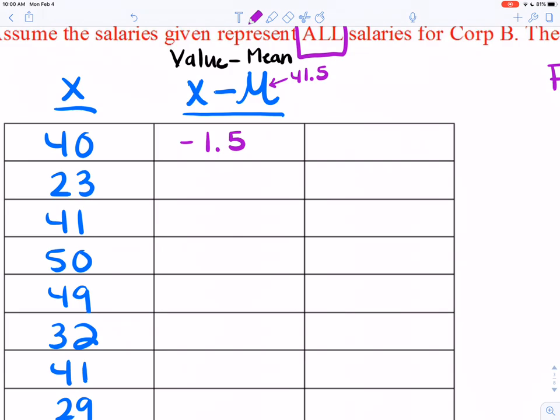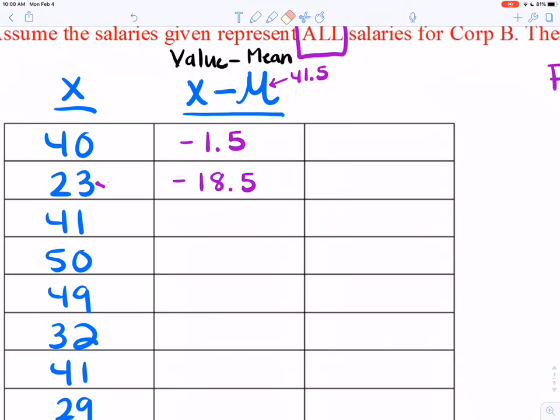Now, I would do the same thing with every data value. All right, so my next one, I'm going to take this value of 23. I'm going to subtract that same mean of 41.5, and I'm going to report my difference, which is negative 18.5.